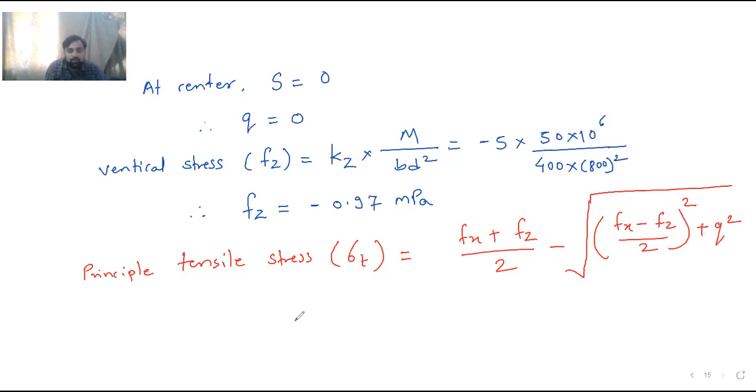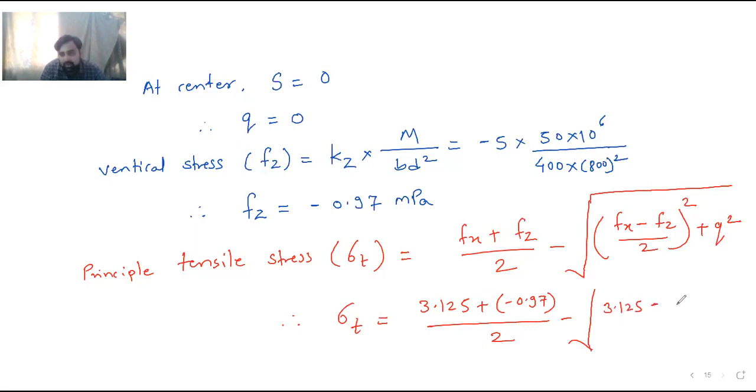If you put the values, sigma t is equal to (3.125 plus minus 0.97) by 2 minus, under the root, ((3.125 minus of 0.97) by 2) whole bracket square plus q, which is 0, square. So put all the values and let me know the answer.